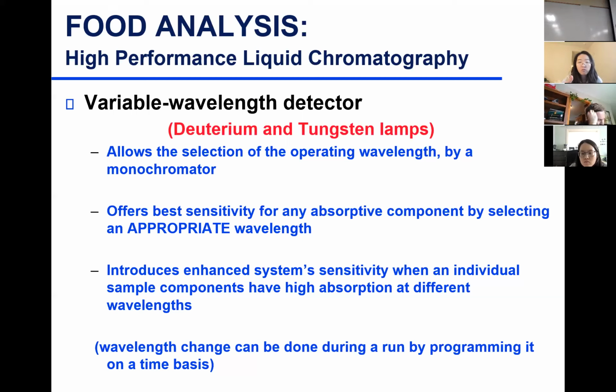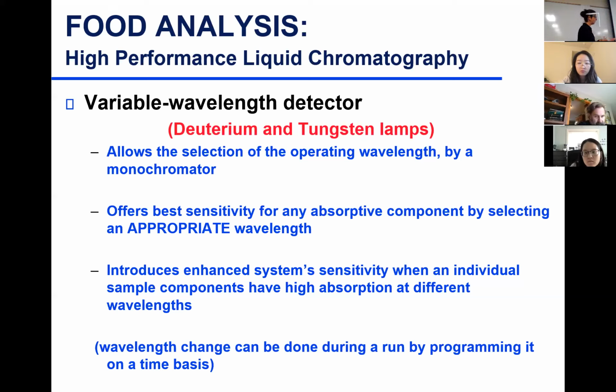So we can start, let's say, at 220, and then after 20 minutes during the run, we know that a different component is going to come out and has a lambda max of 254. So I can program it to change in 20 minutes to 254. At that time, the second component that I'm interested in will have maximum sensitivity. I have the area at the maximum lambda max.